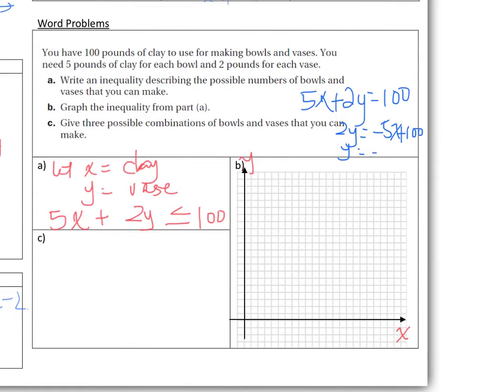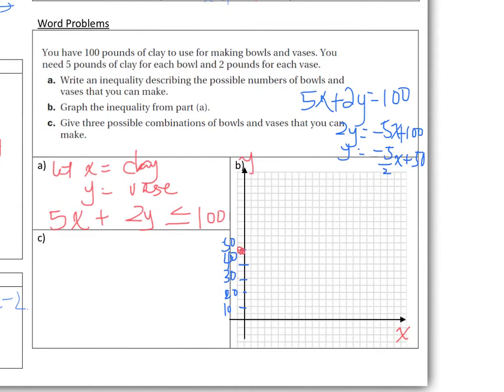Y equals -5 over 2x plus 50. So my y-intercept is 50. Could do 10, 20, 30, 40, 50. So maybe it's right here.